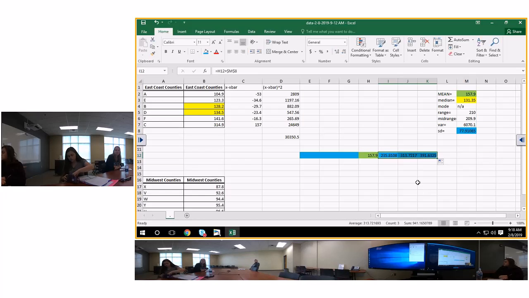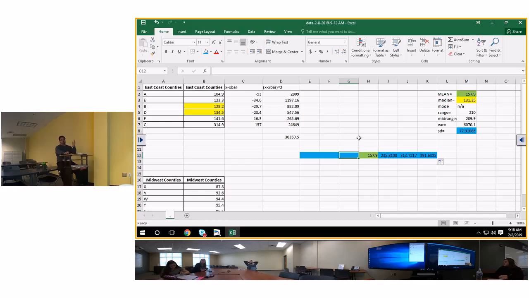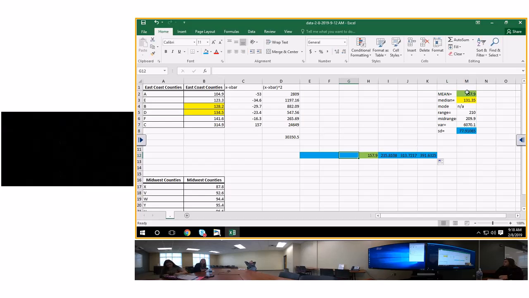F4. F4 locks it. Because when you scroll to the right or scroll down, when you copy down or copy to the right, if you don't lock it, since I'm moving over to the right, it's going to add this one next. And it's going to add that one next. So you got to tell it not to do that.